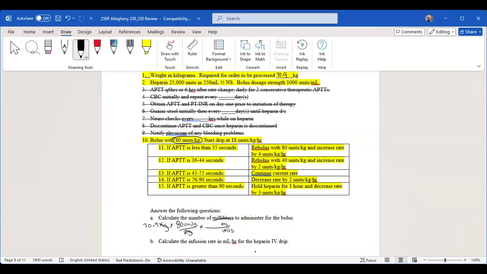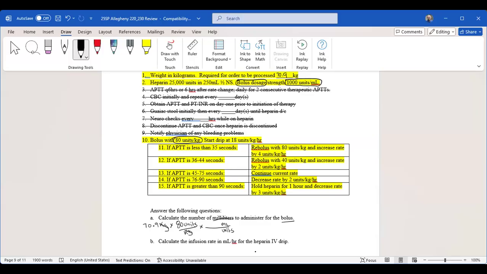I have to use the same strategy I used in the previous questions, where we went from units per hour to milliliters per hour. I'm either going to use the IV information, which contains units and milliliters, or since we're calculating the bolus, I'm going to use the bolus dosage strength, which is 1,000 units per milliliter.